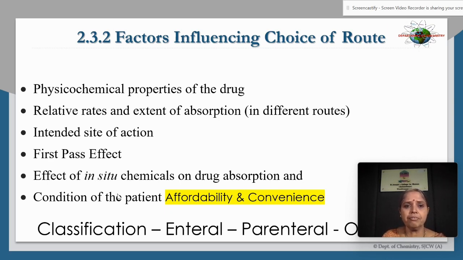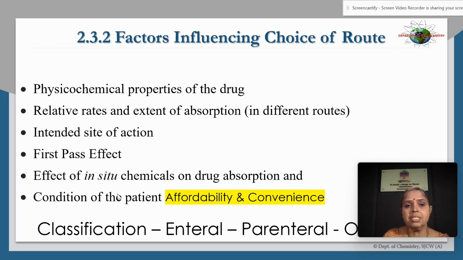So what is the effect of these chemicals on the drug? If it is an adverse effect, or these chemicals are causing some unwanted change in the molecular structure or in the properties of the chemical, then you don't follow that route.